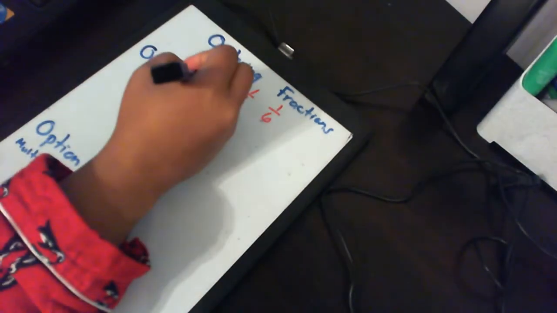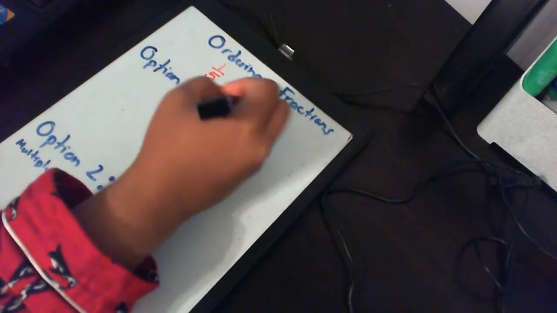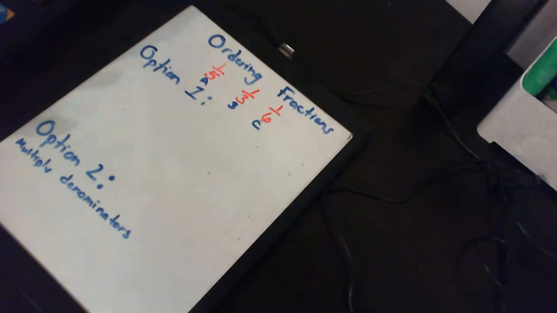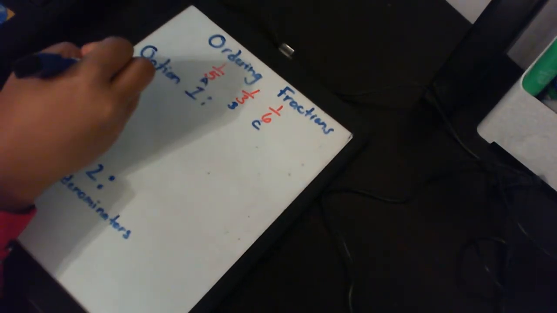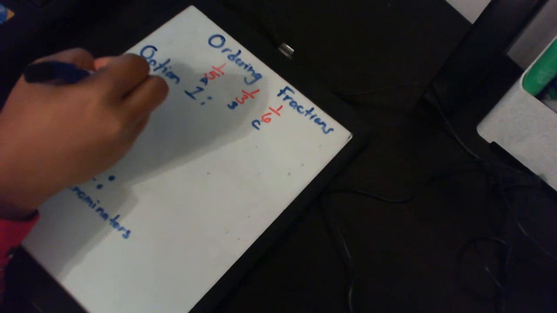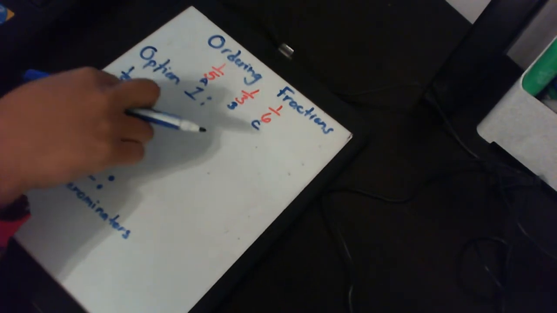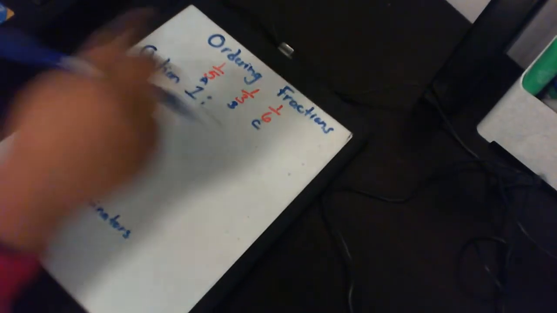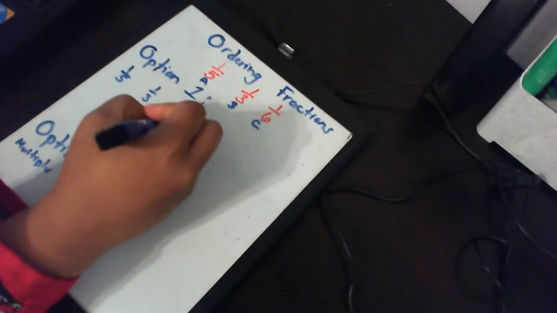So the first thing, I'm going to label each one A, B, and C, just so I can keep up with which one is which. So I'm going to stack 1/5 and 1/3, and then 1/6.